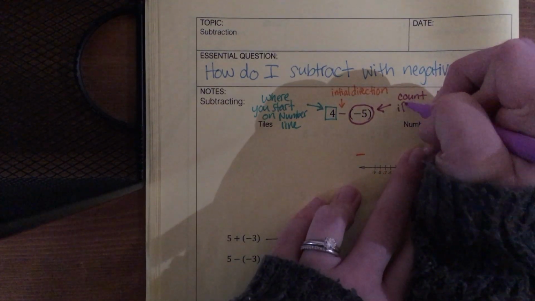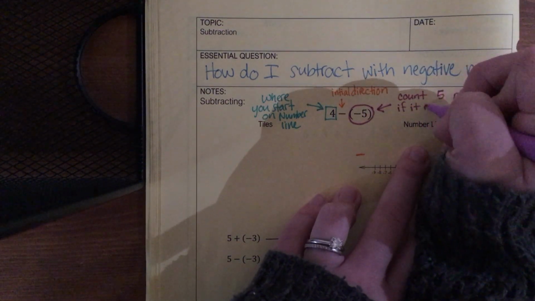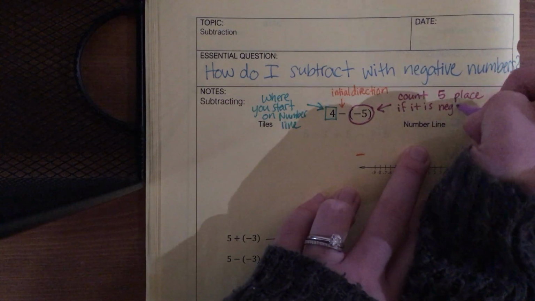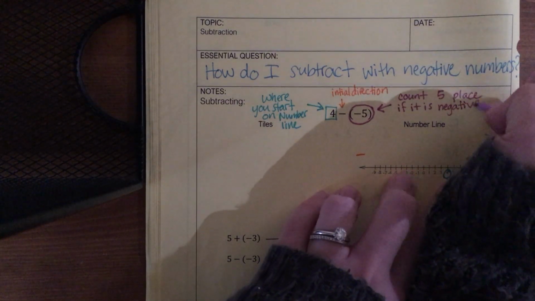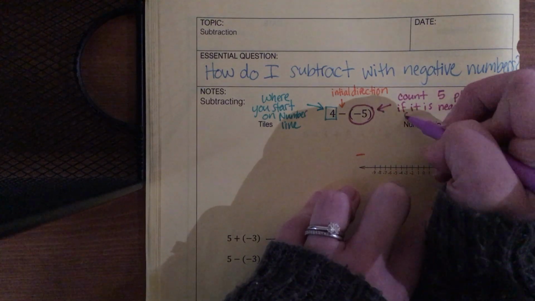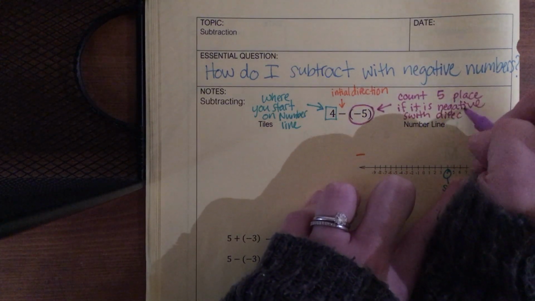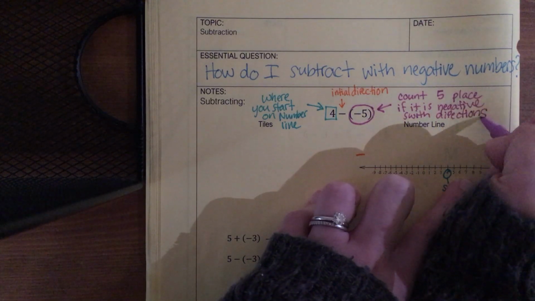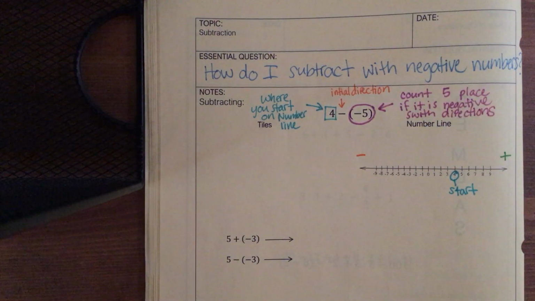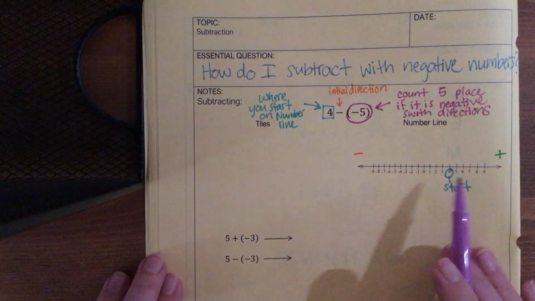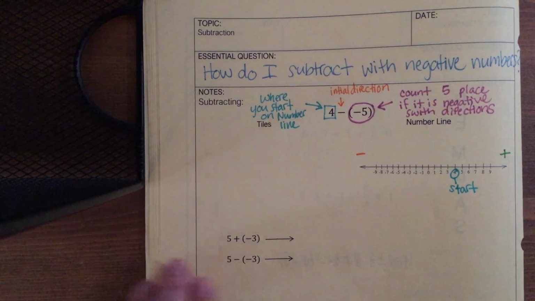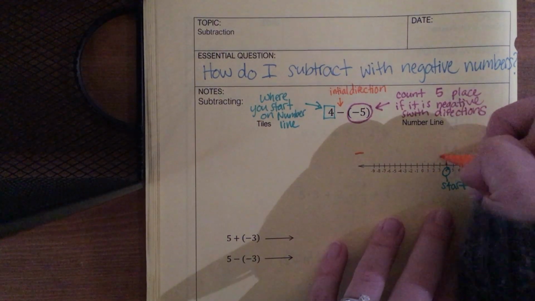But if it's negative, we have to switch directions. So in this case, our initial thing tells us subtraction.